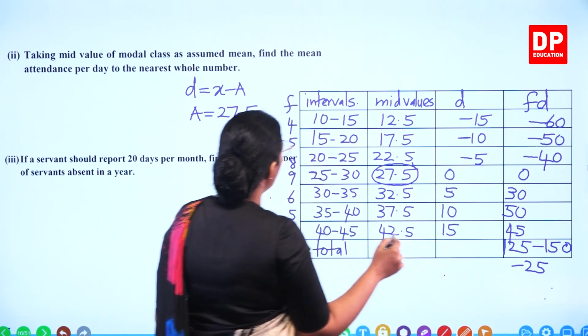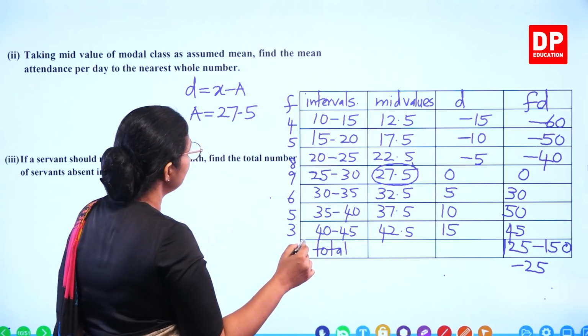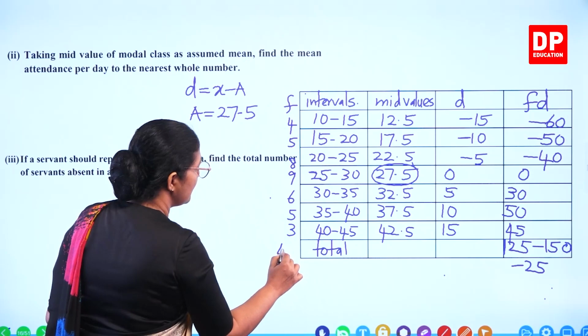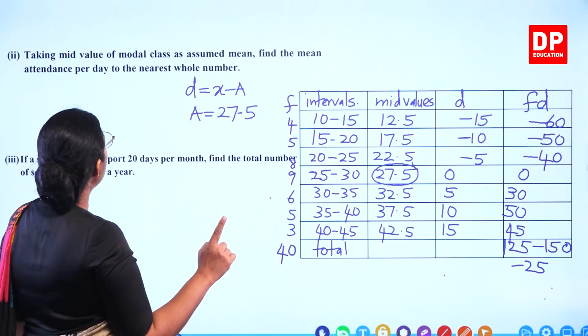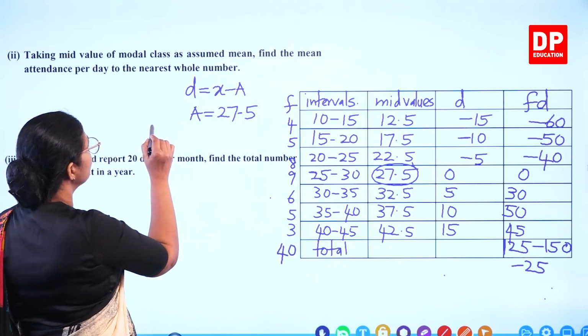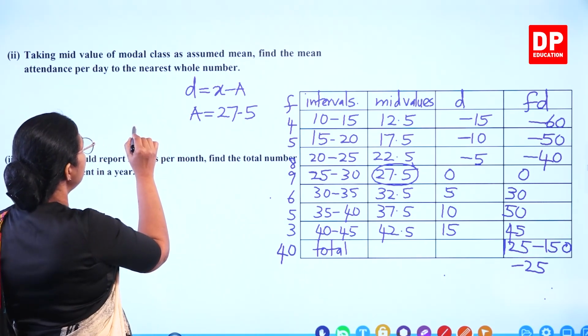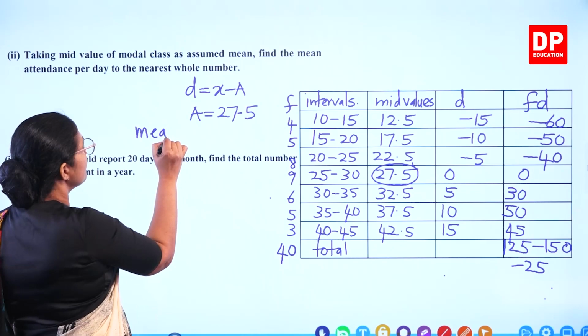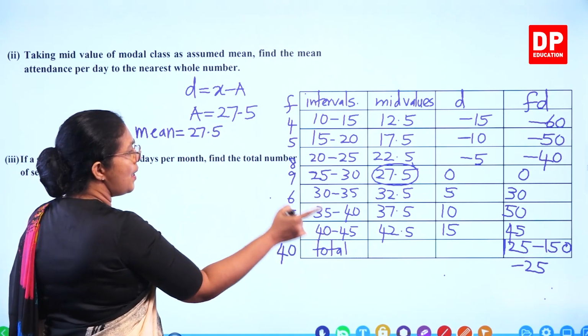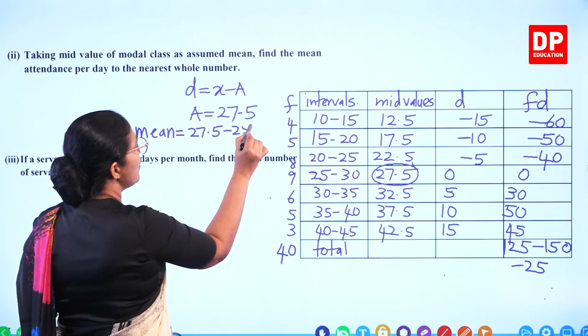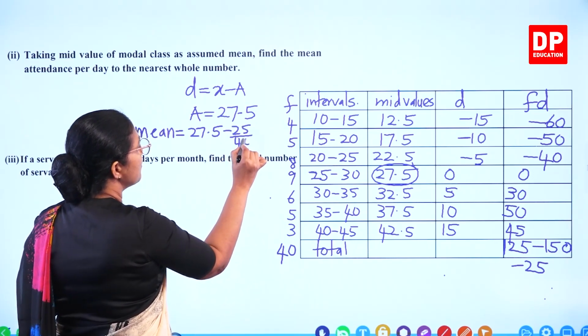What's the total of frequencies? That's 40. So what is the mean value? The mean value becomes, I'll write down here, assumed mean 27.5 plus minus 25 over 40.